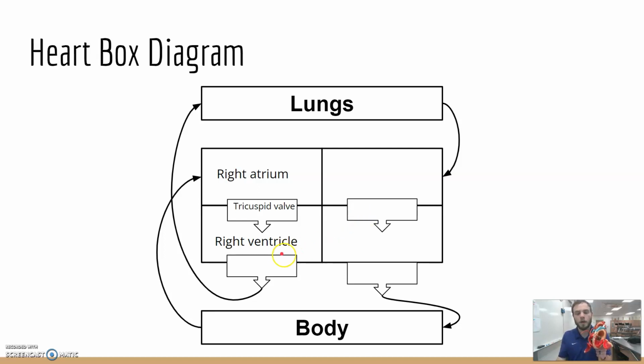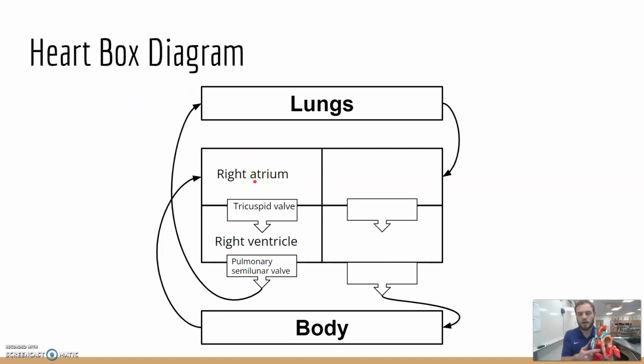In the right ventricle. From the right ventricle, it'll pass through another valve. This one will be one of the semilunar valves. It'll be the pulmonary semilunar valve. And you can see the arrow, it will pass all the way to the lungs. And we ignore some of the other arteries associated with this here outside of the one that's carrying it.